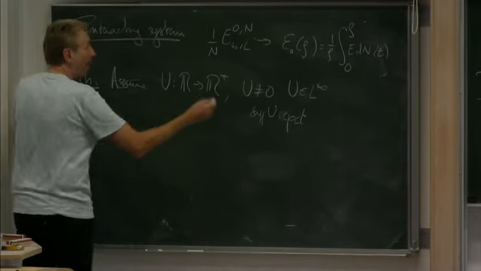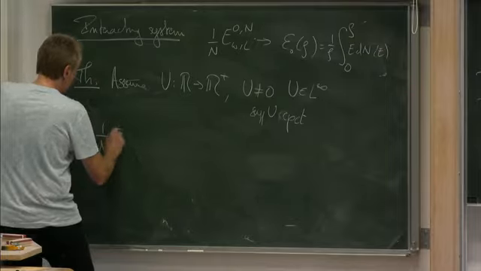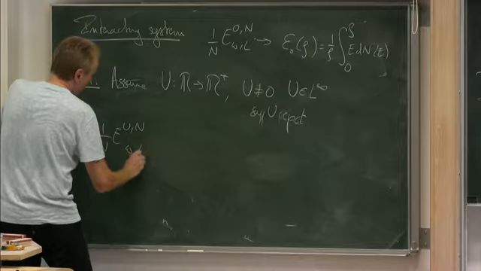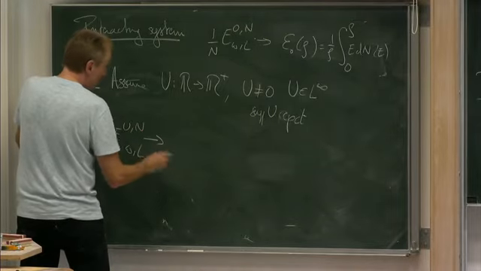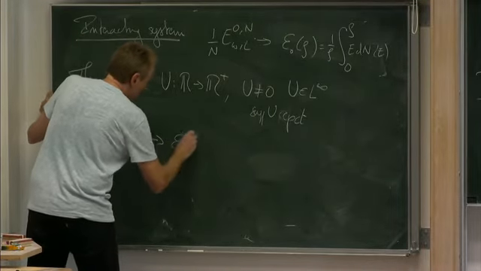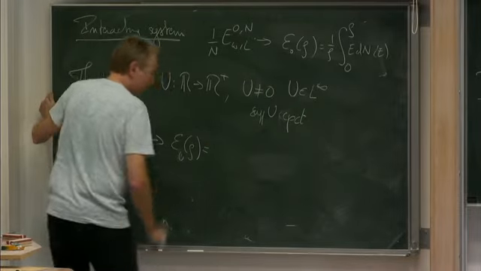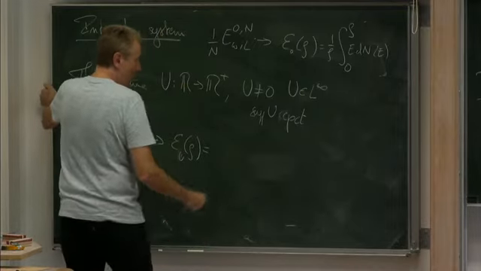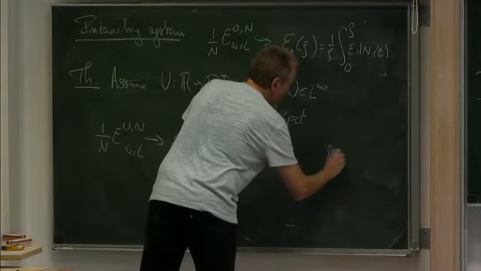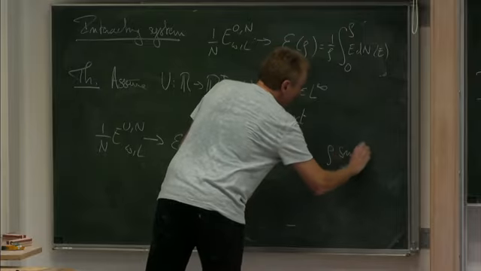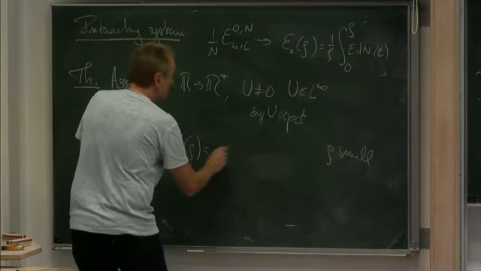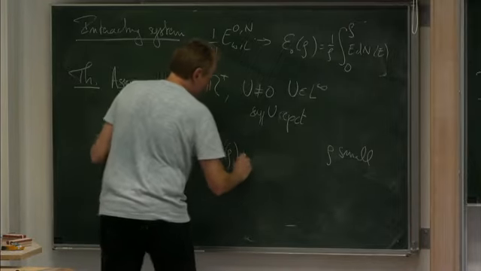Then 1 over N E_U,N of omega, L, well, this has a limit. I already said so. This is E_U of rho. And this has an asymptotic expansion when rho is small. The first term is, of course, what you'd expect.